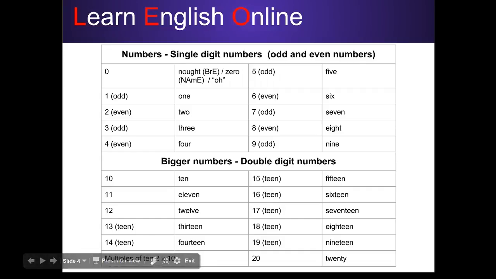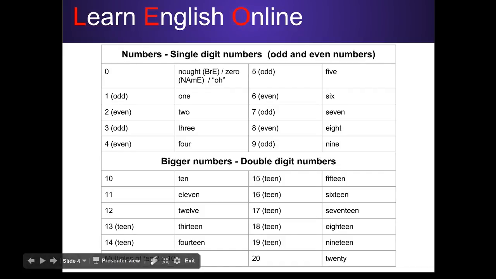Now the teens, you see these? Teen, teen, teen, teen. The teens are the numbers between 13 and 19. We'll look at age again, but if you are 13 or 19 or any of these numbers years old, we say you're a teenager.